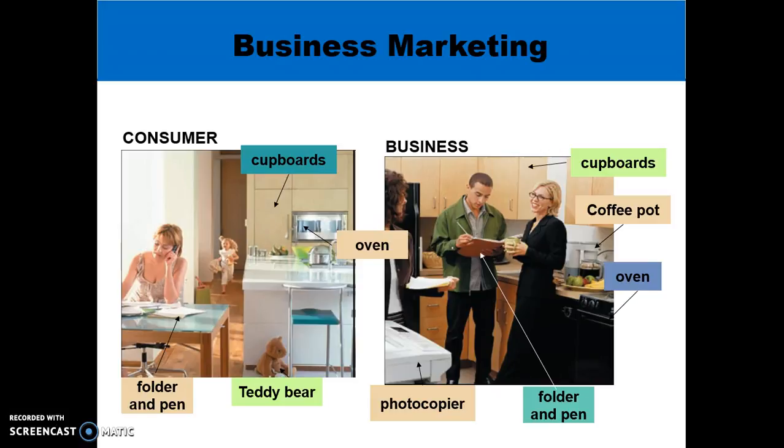So essentially, there is no real difference between consumer and business products. The real difference actually lies in the intended use of the product. That's how we define the difference.